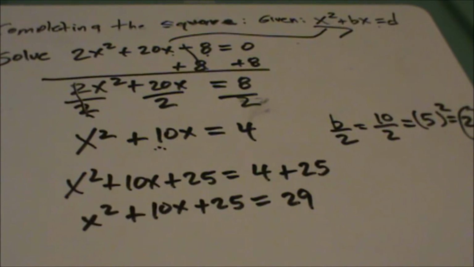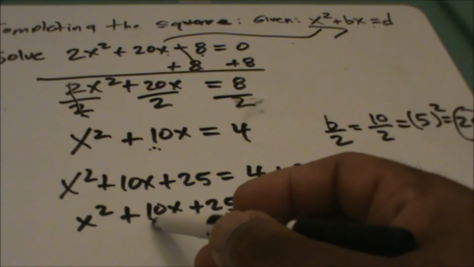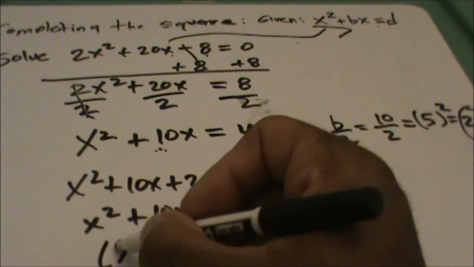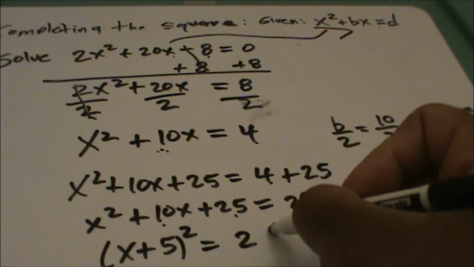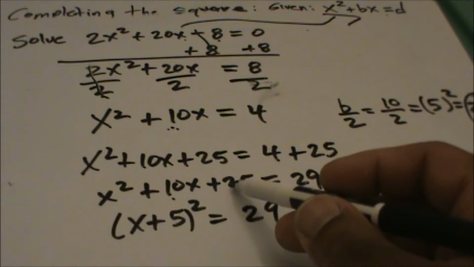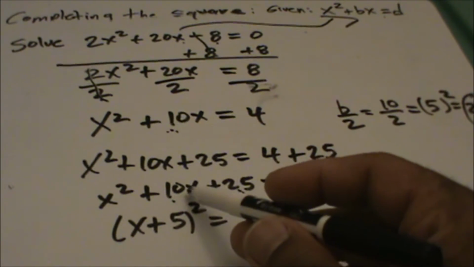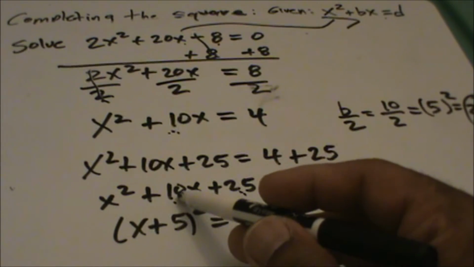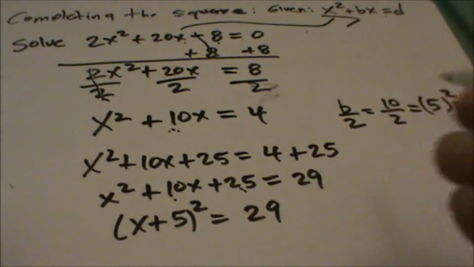When we complete the square, what two numbers give you 5 when multiplied, and the same two numbers give you 10 when added? So we conclude x plus 5 squared equals 29. Same 25: 5 times 5 gives you 25, and 5 plus 5 gives you 10. That's how we deduce that it will be x plus 5, squared.